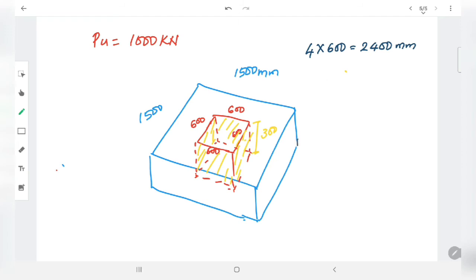Area means length into the depth. How much is it? 300 mm. Total area under punching shear is equal to cross sectional area, that means total length and its depth. Depth is equal to depth of the footing.